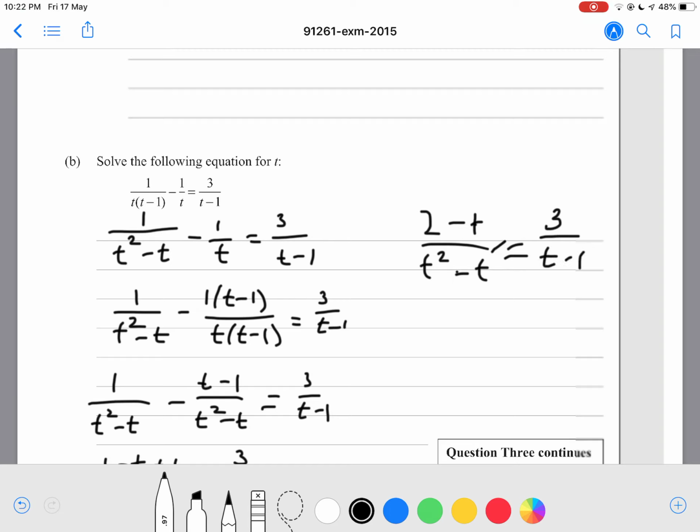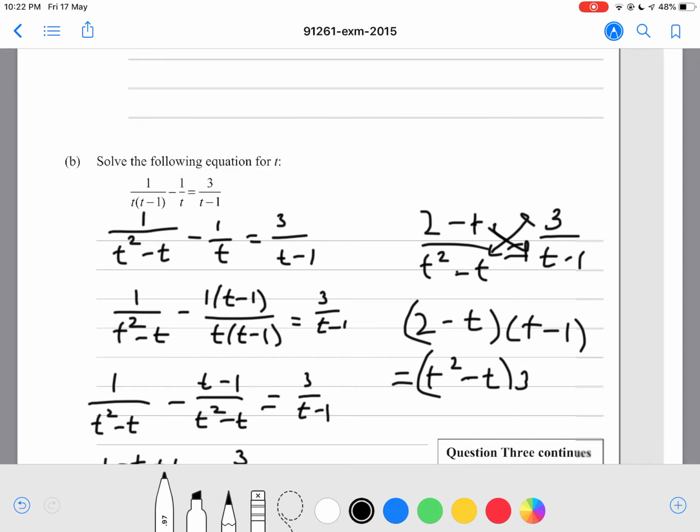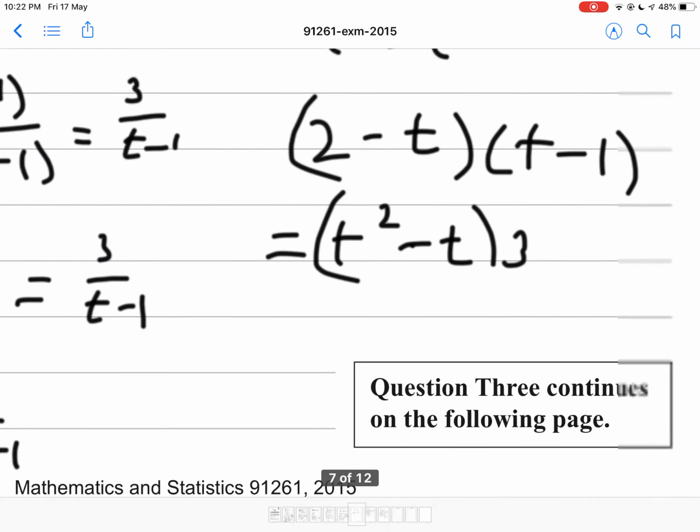So now we're going to cross multiply, so that's here, here, and then here, here, and that is equal to each other. So we're going to say 2 minus t multiplied by t minus 1 equals t squared minus t multiplied by 3. Okay, so we're going to simplify this.